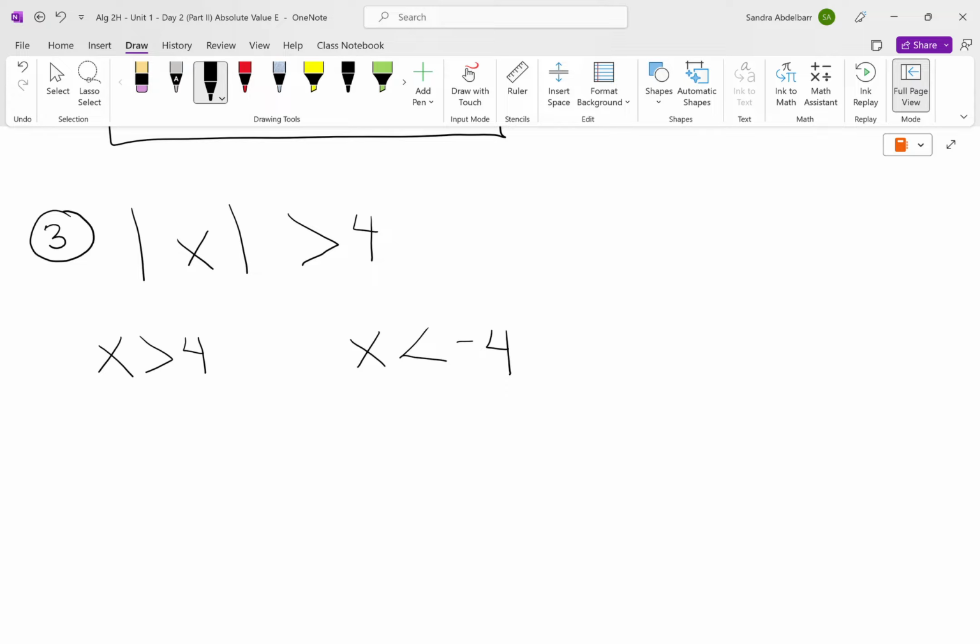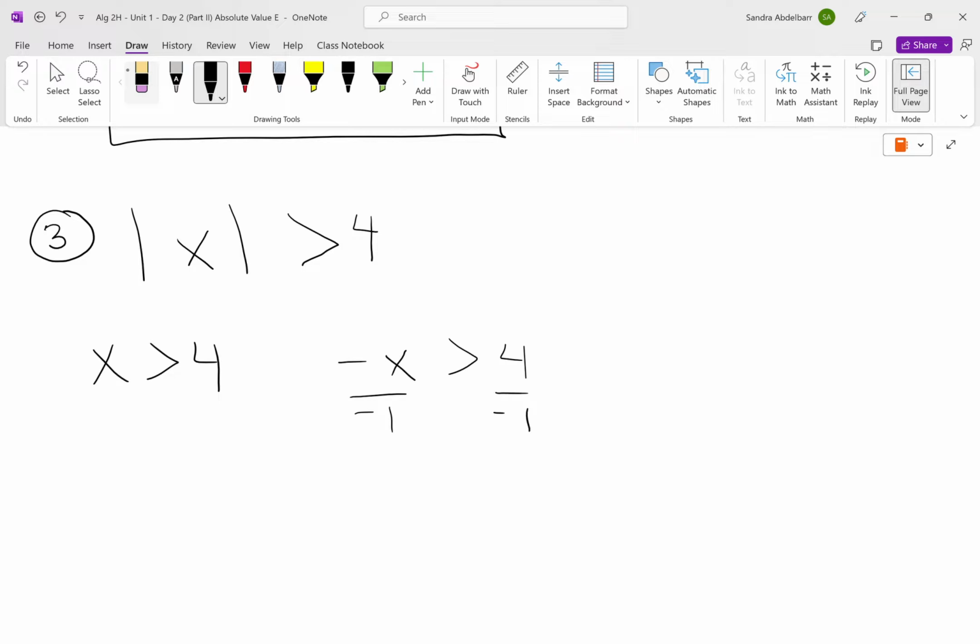Does everybody know, I just assumed you knew, does everybody know where we get this second inequality from? No? All right. Where we get this second inequality from, we know x has to be greater than 4, right? But don't we also know, since this is absolute value, the negation of x also has to be greater than 4, whatever that is.